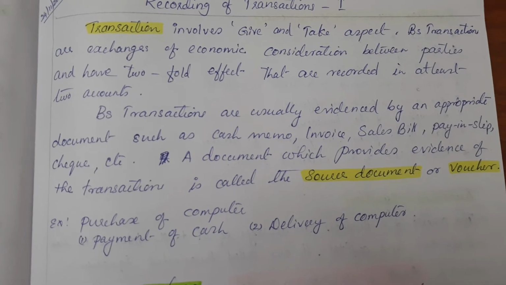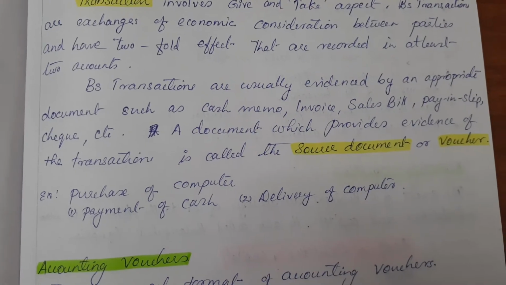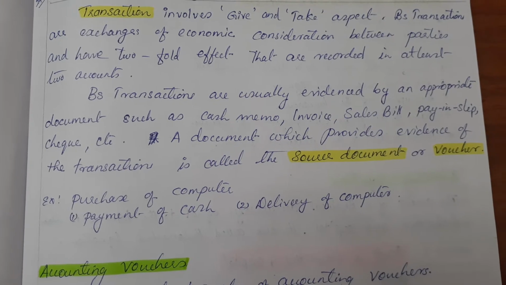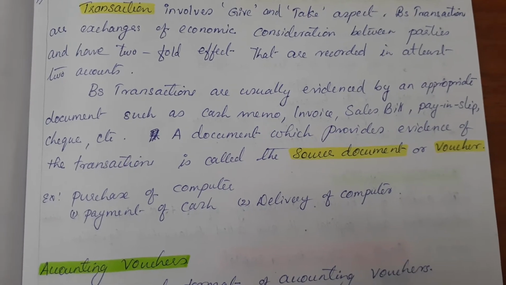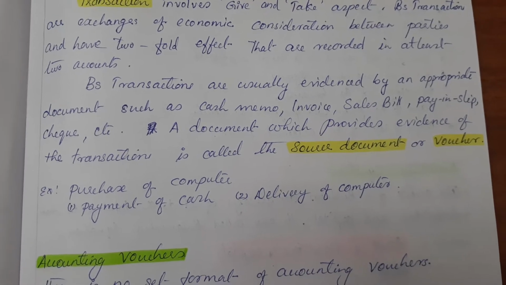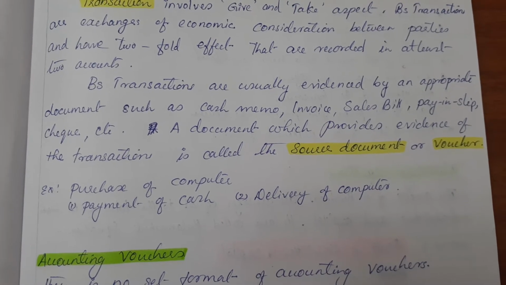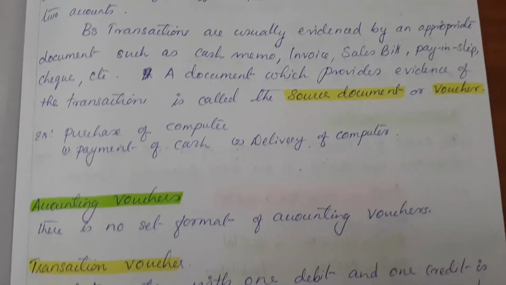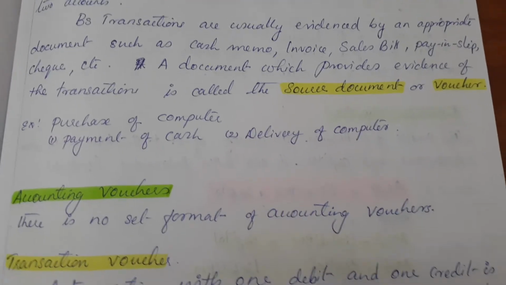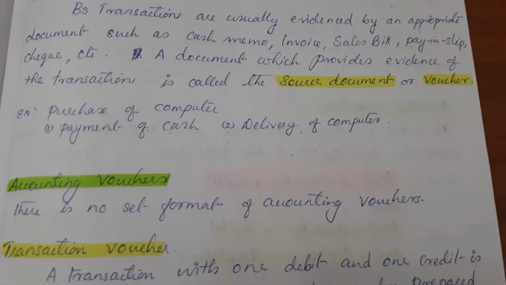Business transactions are usually evidenced by an appropriate document such as cash memo, invoice, sales bill, pay-in slip, check, etc.